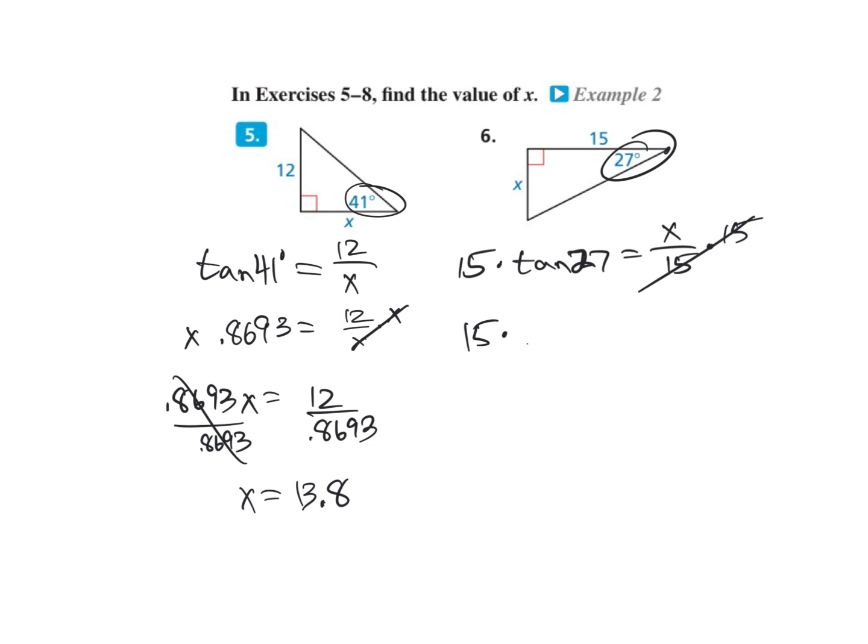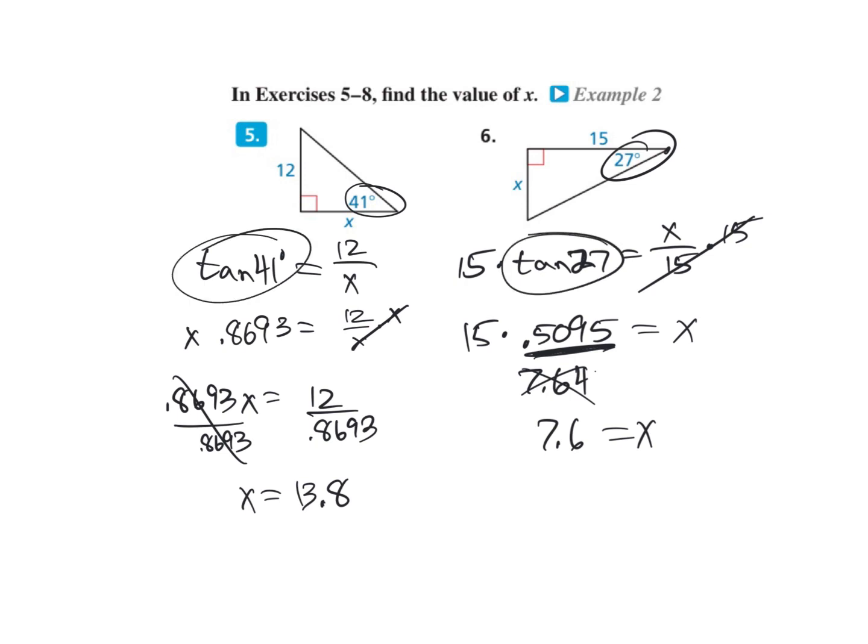So 15 times 0.5095, and that equals x. So times 15 gives me 7.64. If we round to tenths for x, that's 7.6. We use 4 decimal places when we do the trig functions of degrees. But then when we're solving other things, we can go to the tenths when we're done.